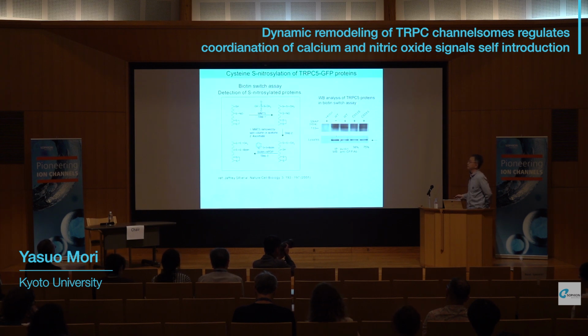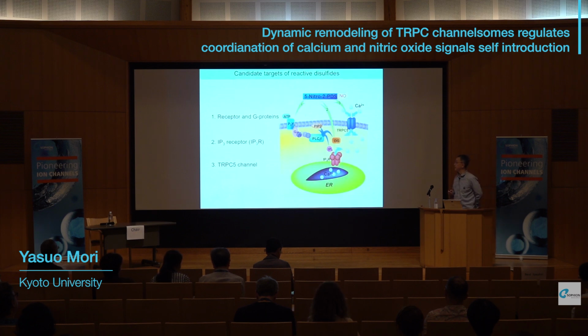Also in the biotin switch assay, as you can see here, there's a very nice band indicating that wild-type TRPC5 is nitrosylated. But once a mutation was introduced into the cysteine residue localized in the pore structure, it nearly abolished the nitrosylation of TRPC5 proteins.